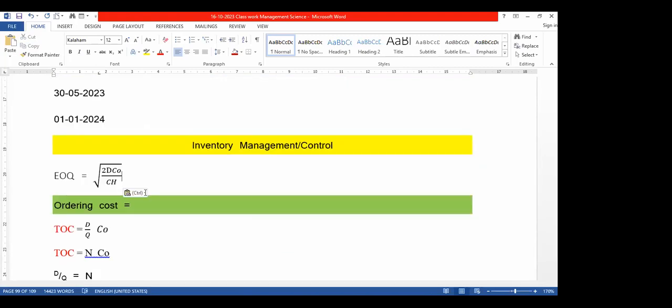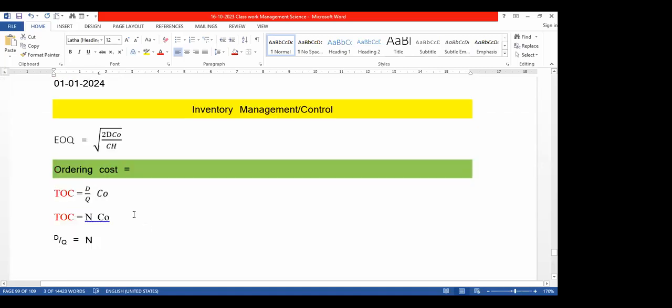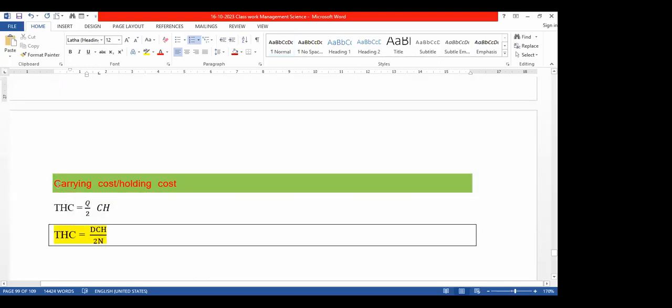Okay, then you see that there are two costs related to that: ordering cost and holding cost, or carrying cost. These are the two main costs in the normal inventory model. One is ordering cost, the other one is carrying cost or holding cost.